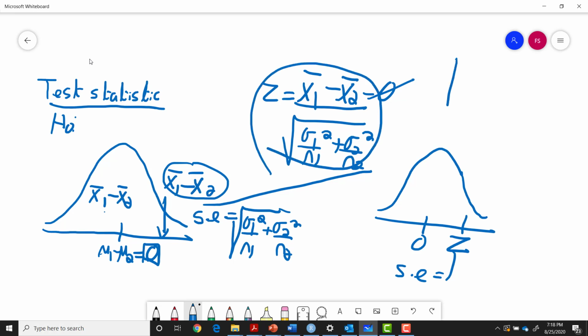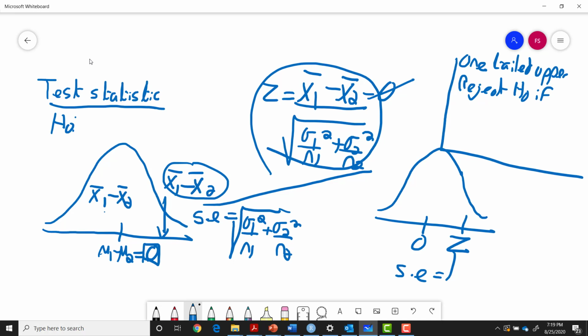And again, depending on the test, it's exactly the same as before. So what I'll say, one-tailed upper, we're going to reject H0 if z is greater than z alpha, and one-tailed lower.